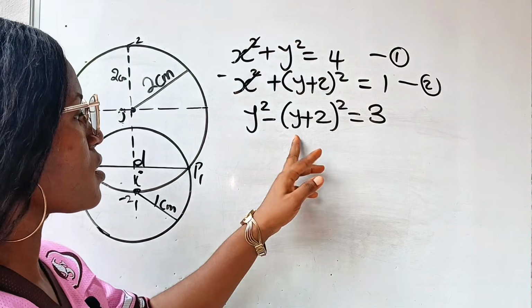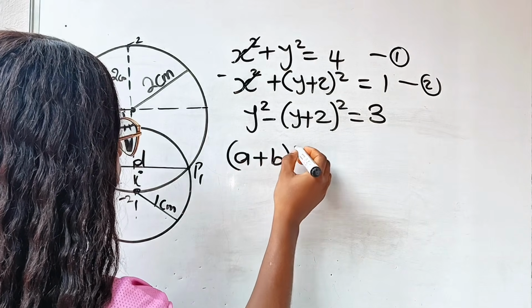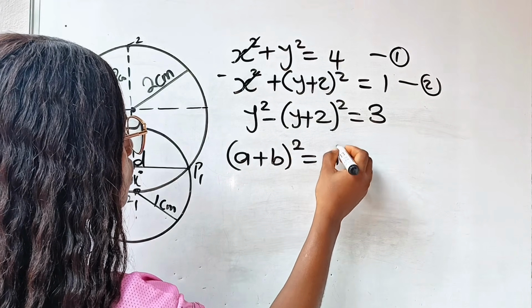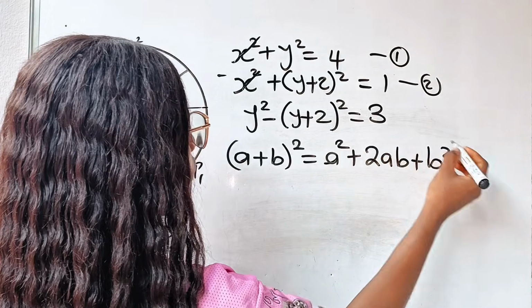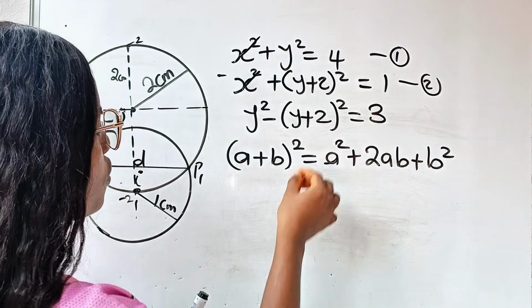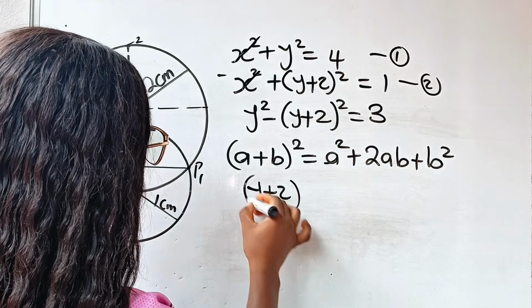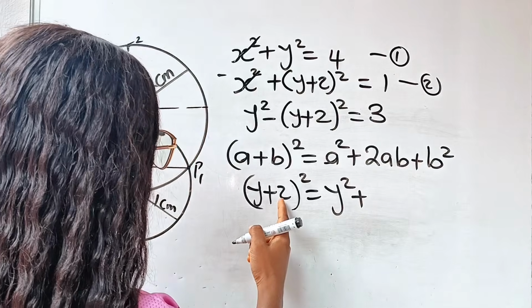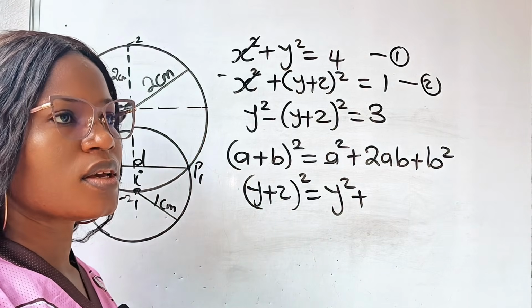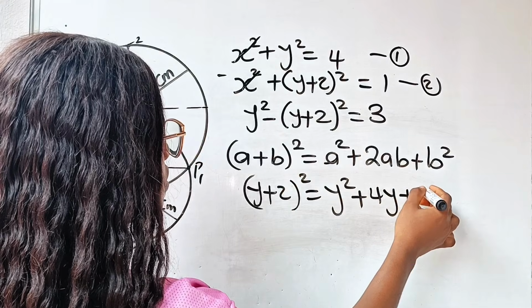Now recall that (a plus b) all squared is equal to a squared plus 2ab plus b squared. So if we solve this, (y plus 2) squared will be equal to y squared plus 2 times 2 times y, which is 4y, plus 2 squared, which is 4.